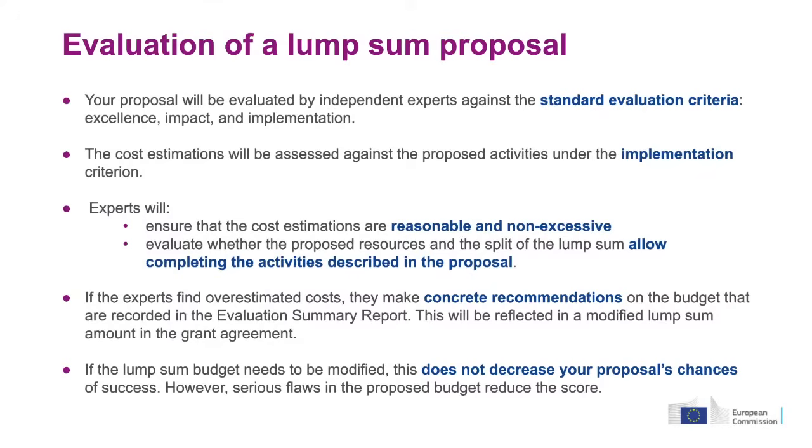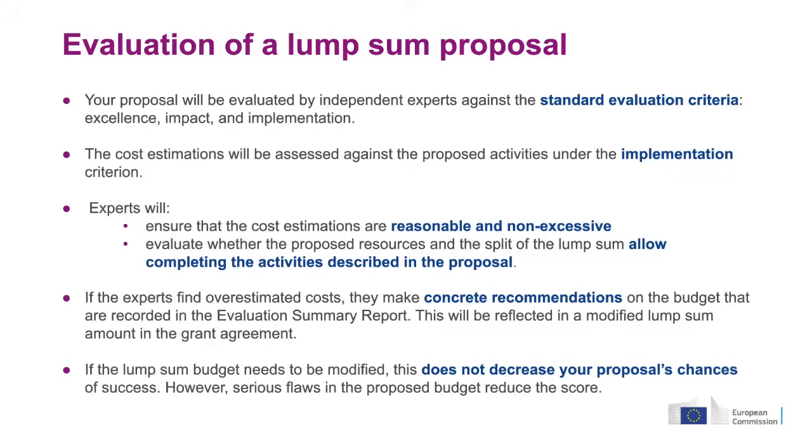And then, as I mentioned, experts will make sure that your cost estimates are reasonable and non-excessive. They will, of course, look whether your resources and how they are distributed across the proposal make sense and allow you to do the activities that you have described in your proposal.